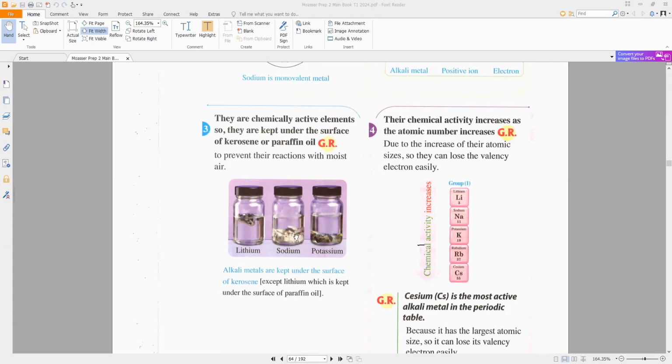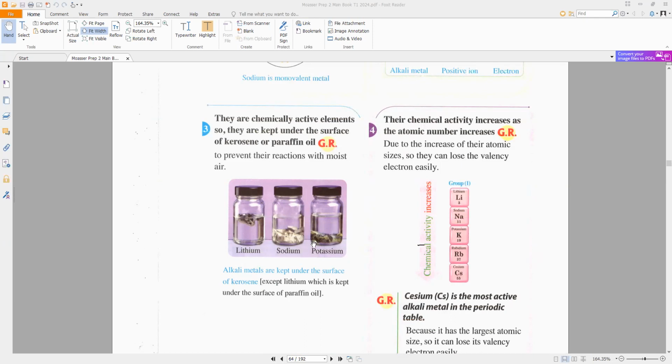When exposed to the air, it reacts instantly with the water vapor. So we can't keep it without any substance to stop this reaction, because they are very active elements, we can't leave them without cover.